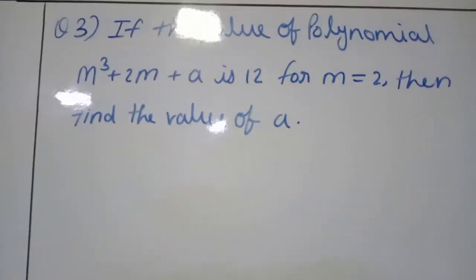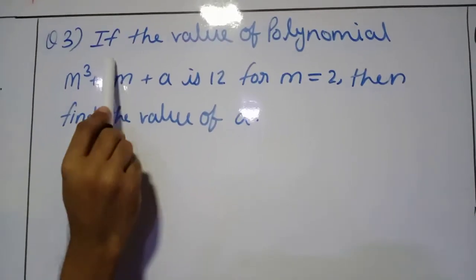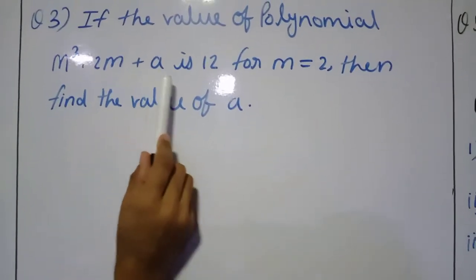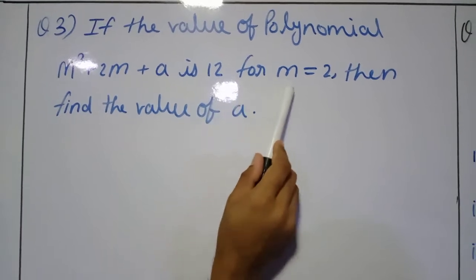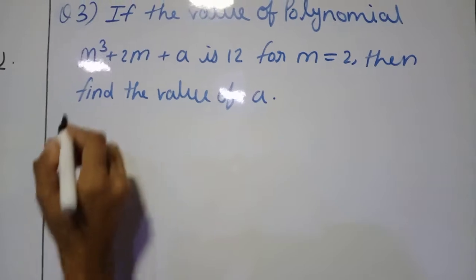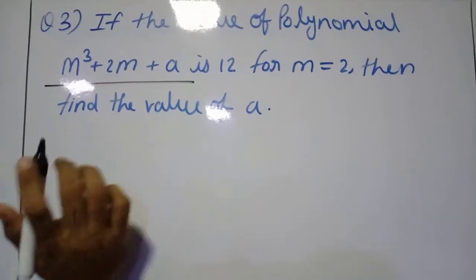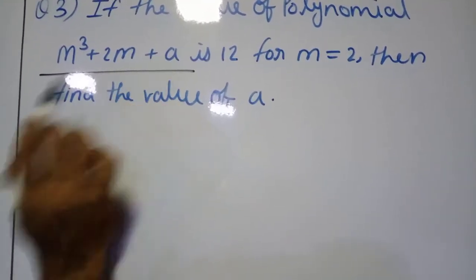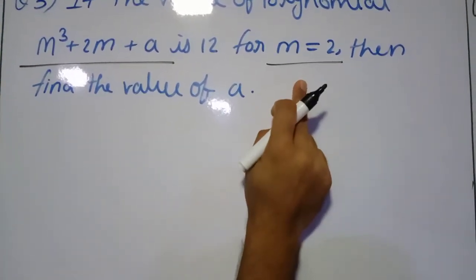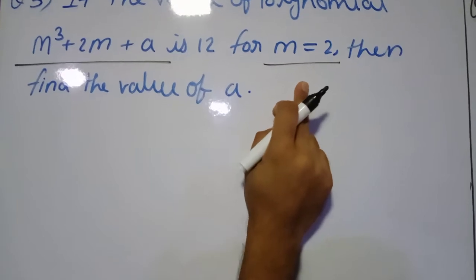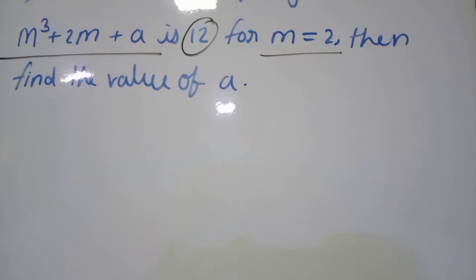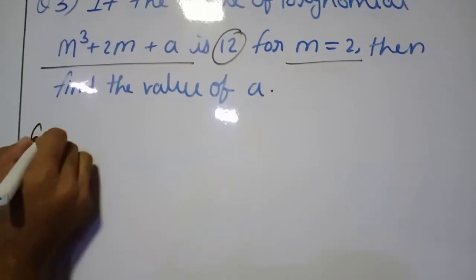Sum number 3. If the value of polynomial m cube plus 2m plus a is 12 for m is equal to 2, then find the value of a. Here we have two variables, a as well as m, but because we have the value of m as 2, and we get the answer 12, we can easily find out the value of a.